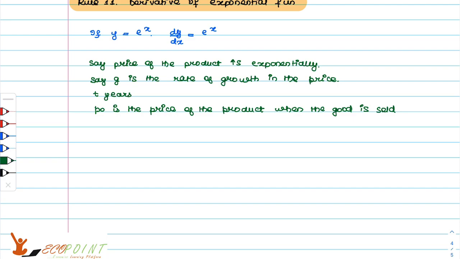So I should rather write P naught is the initial price of the product. Then only we'll be able to find out the growth. So let us say you have PT equals to e to the power gt P naught.